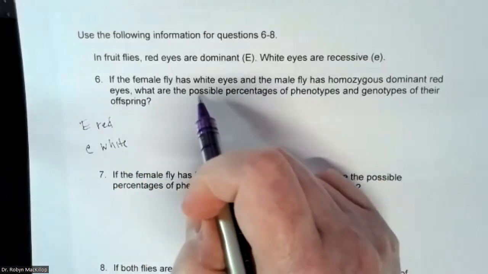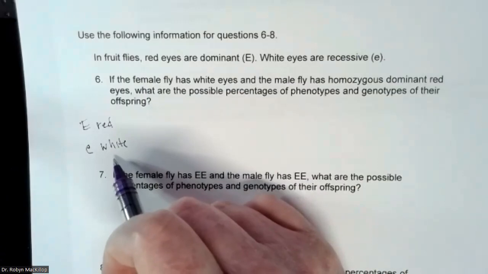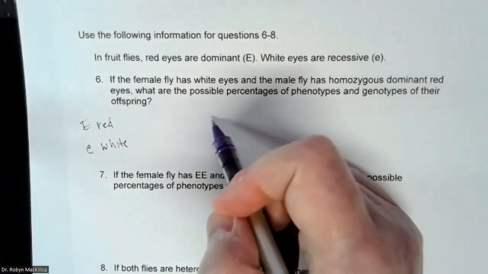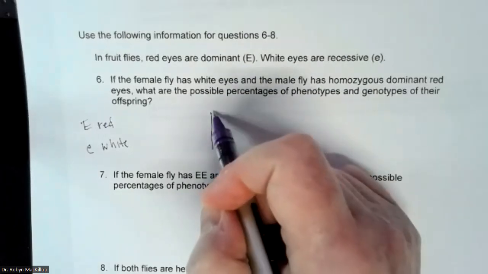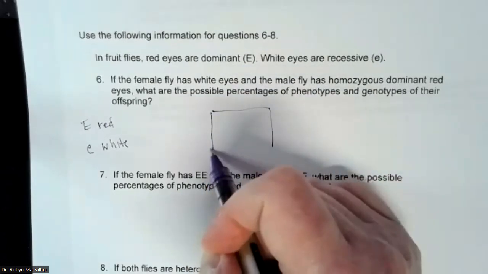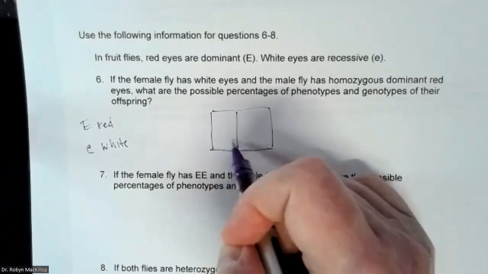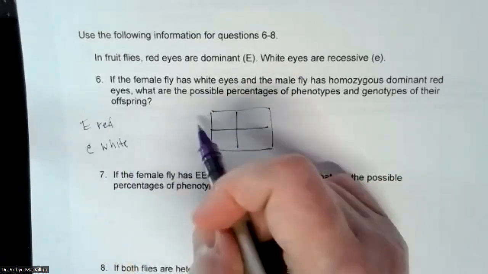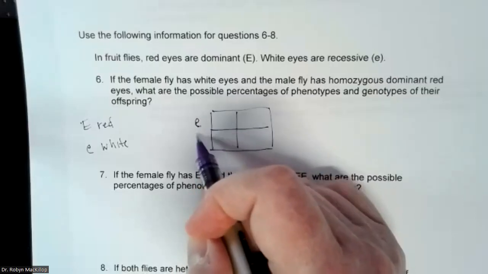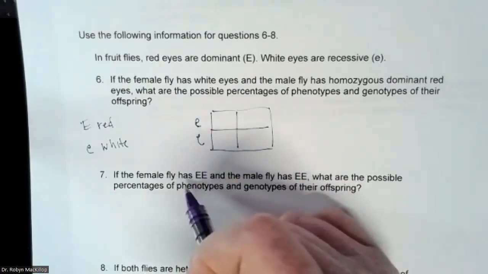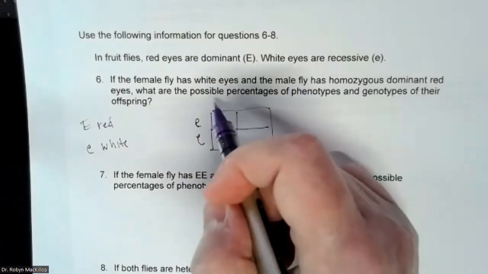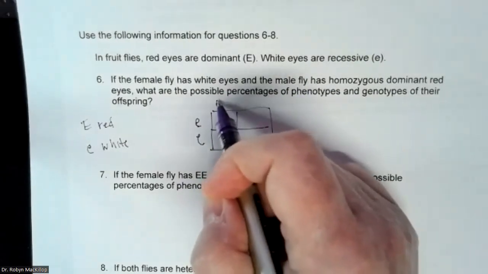If the female fly has white eyes and the male fly is homozygous dominant, we're going to put out our Punnett square. So female is white-eyed, so she is double recessive or homozygous recessive. And he is homozygous dominant. He is big E.